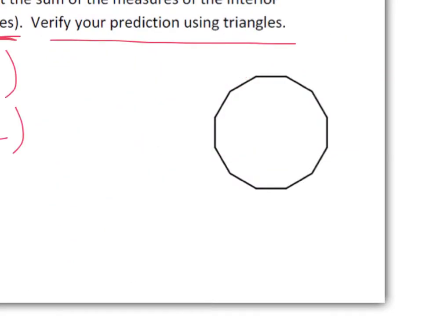Now let's try and do it by drawing triangles inside the shape. So this is a dodecagon. It's got 1, 2, 3, 4, 5, 6, 7, 8, 9, 10, 11, 12 sides. If we start drawing triangles inside this dodecagon, there's 1, there's 2 triangles.